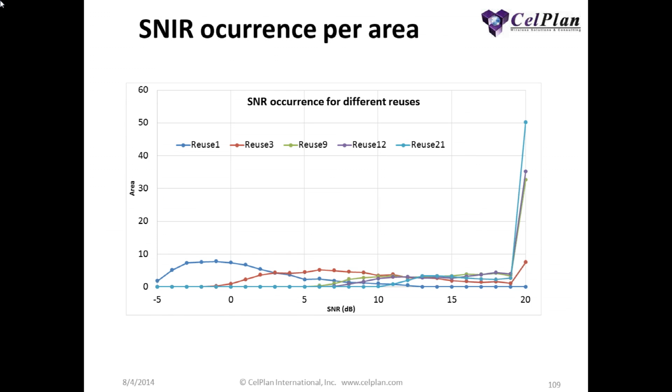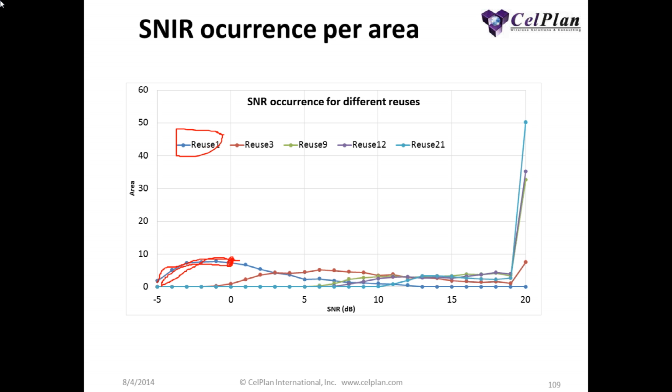We came up with very interesting results. So for reuse of 1, the SNR is generally negative. The bulk of the SNR is negative, so there is more noise than signal. Here it's a little bit positive, but it goes until 5.